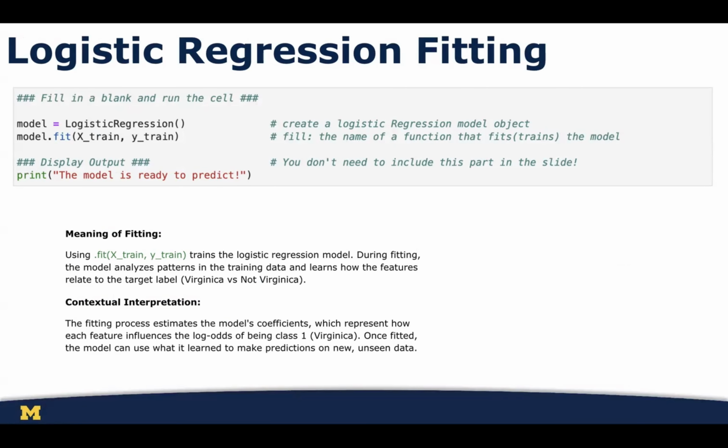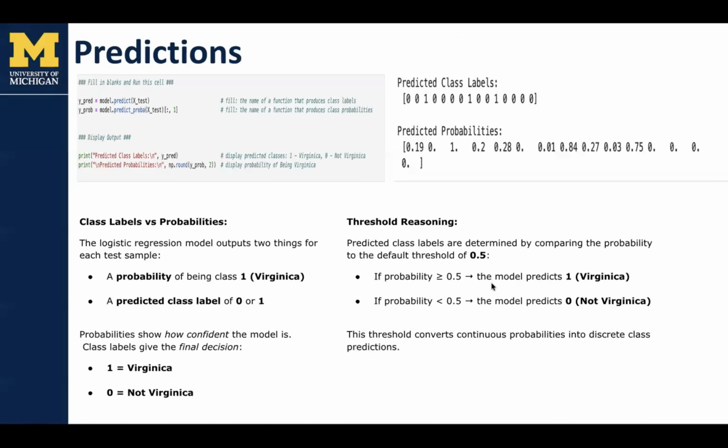Fitting the model means it analyzes patterns in the training data and learns how the measurements relate to the target label. During this process, logistic regression estimates coefficients that show how each feature affects the log odds of being class 1, which corresponds to the Virginica species. Once the model is fit, it's ready to make predictions on new samples.